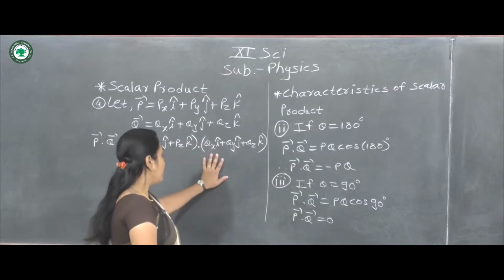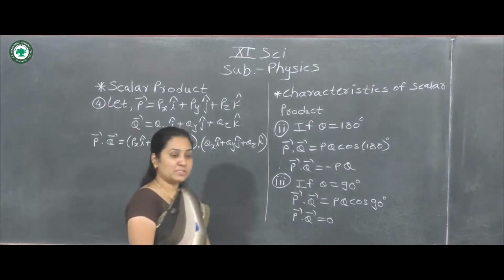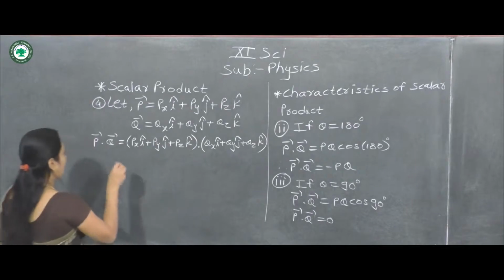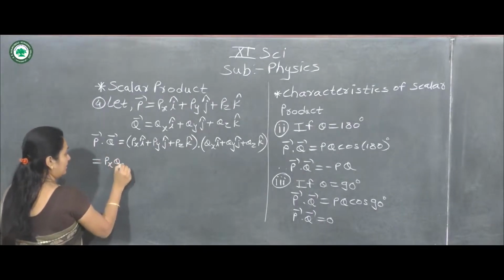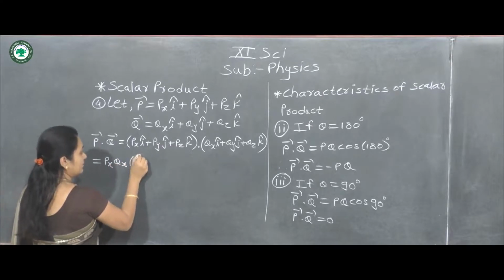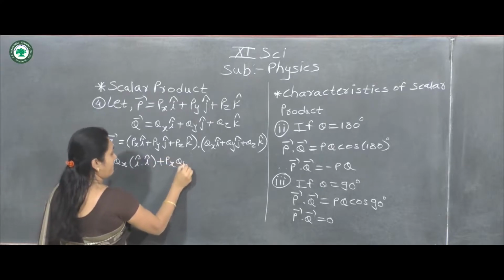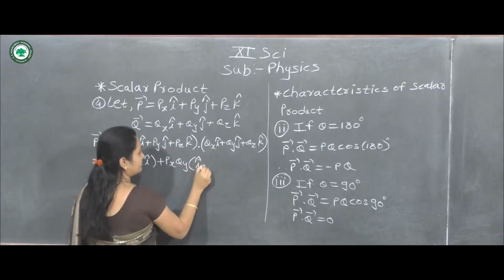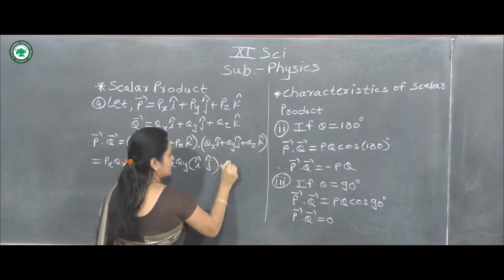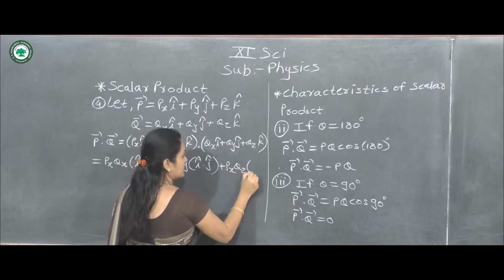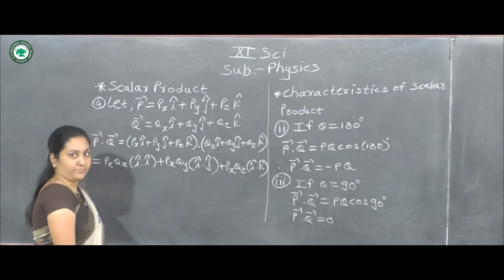Now taking the dot product of these two vectors, we can multiply Px with the second bracket. We have Px Qx i dot i plus Px Qy i dot j plus Px Qz i dot k.